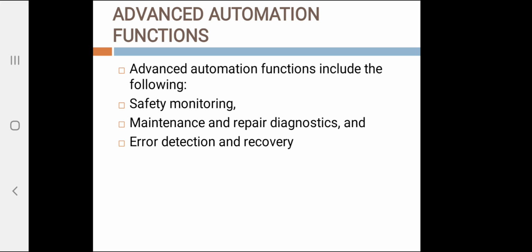If the designer has not anticipated a particular hazard and consequently has not provided the system with the sensing capability to detect that hazard, then the safety monitoring system cannot recognize the event if and when it occurs. So this is the first function, one type of advanced function.